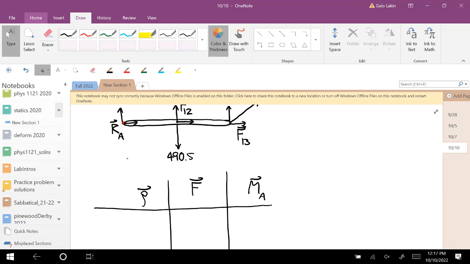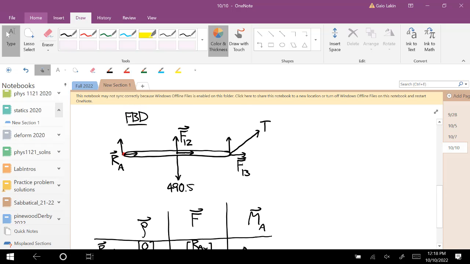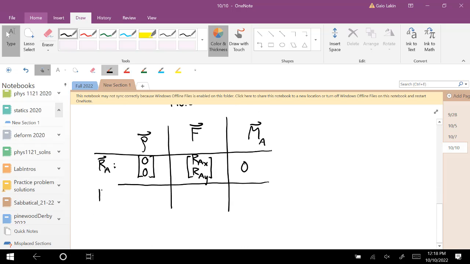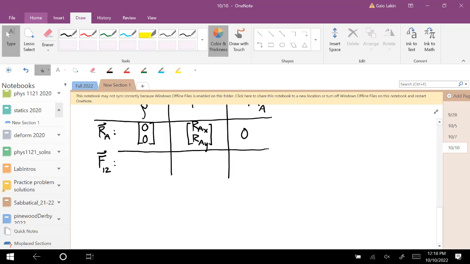Okay, so I'm going to start with RA. Row vector is 0, 0, 0. Force is RAX, RAY. Cross product is 0. And then F12: the vector from the about point to where that force is applied is 1, 0.